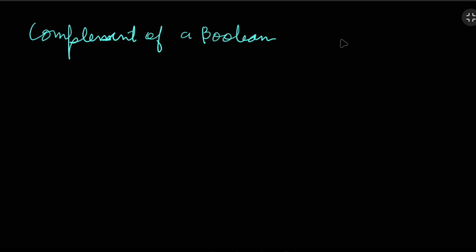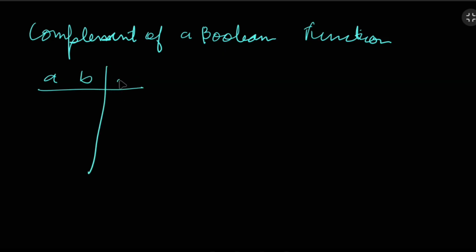The next topic is the complement of a Boolean function. How to find the complement of a Boolean function. Let's say you have a function on two variables a, b, with outputs 0 0 0 1 1 0 1 1.